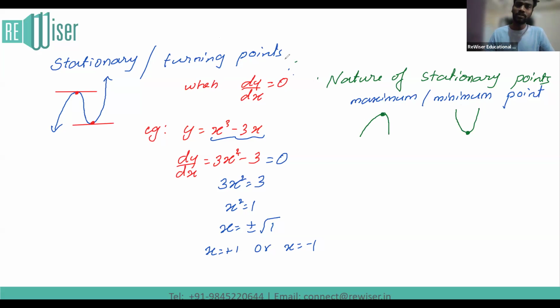In order to check whether it's a maximum or a minimum point, all we need to do is find the derivative and find the stationary points first. That's step number one, because only your stationary points can be your local maximum or local minimum.